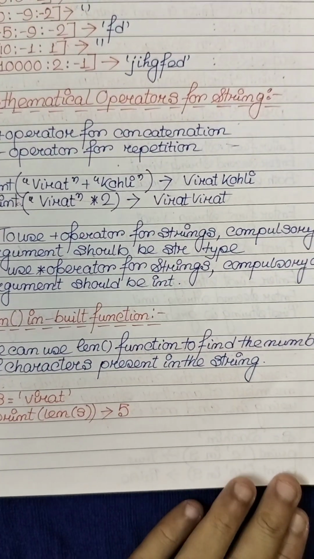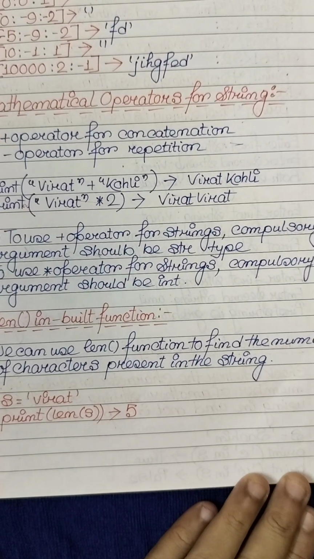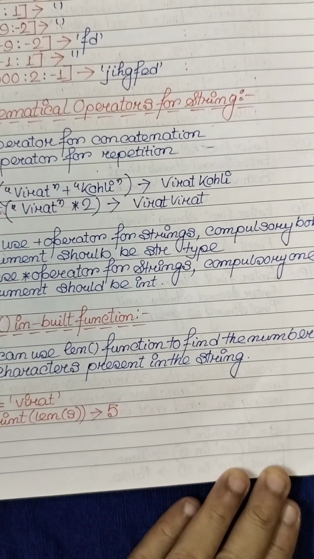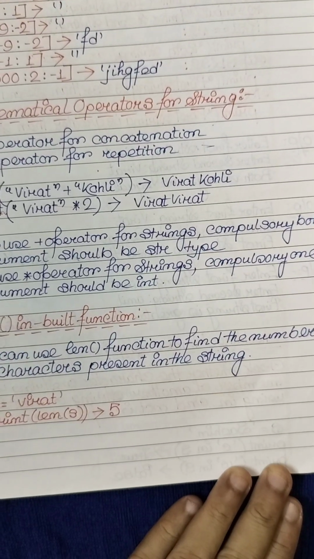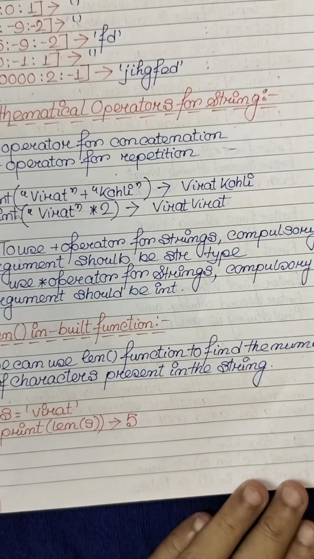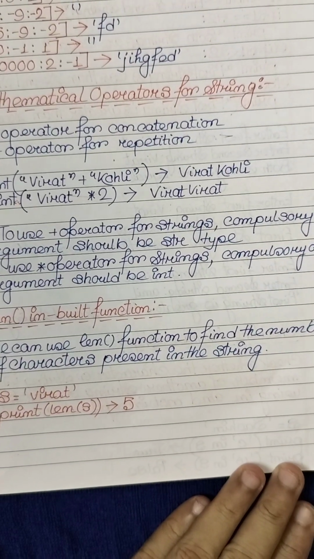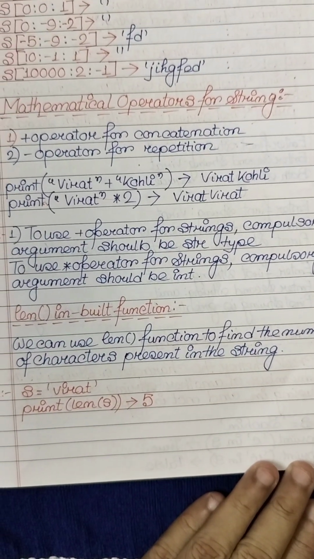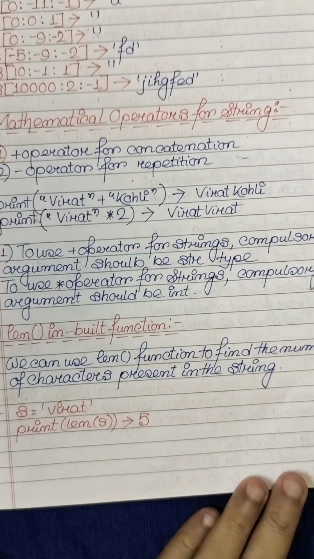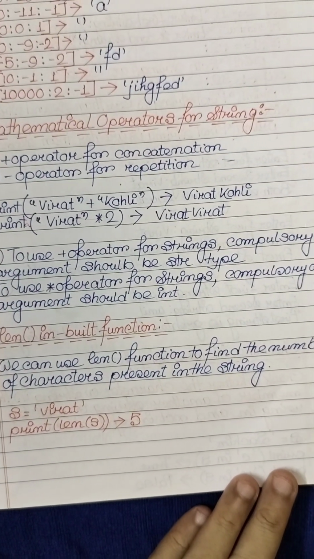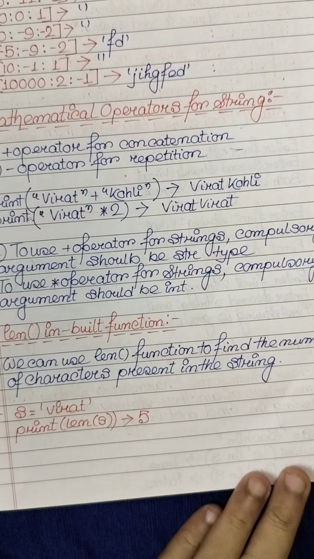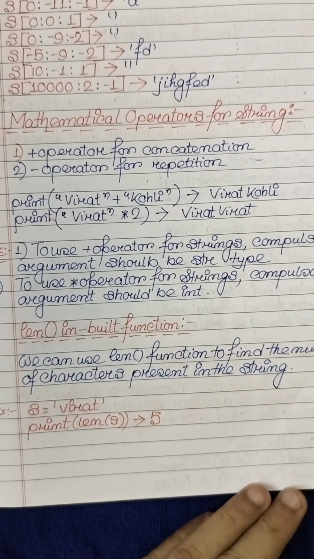To use the plus operator for strings, compulsorily both arguments should be string type. To use the star operator for strings, compulsorily one argument should be int.